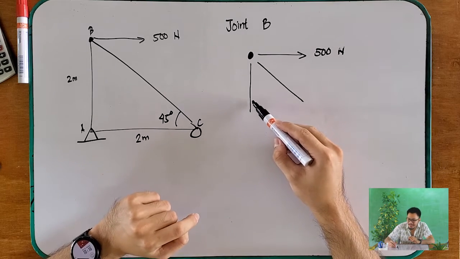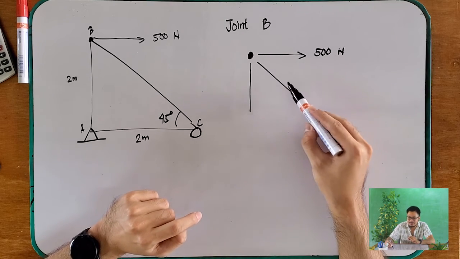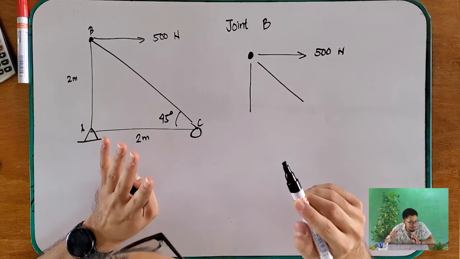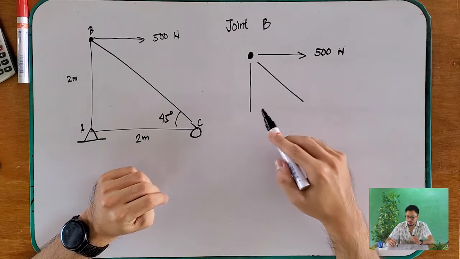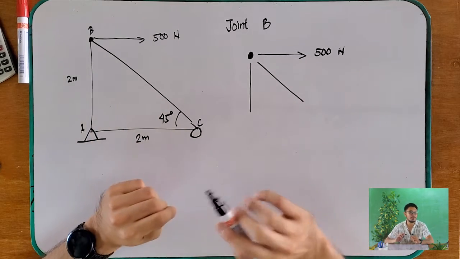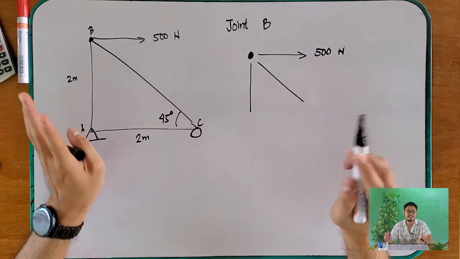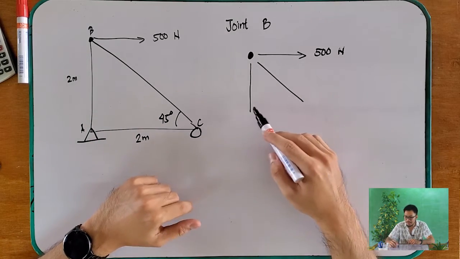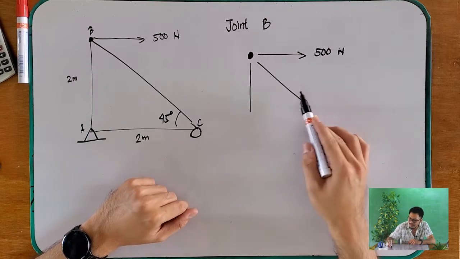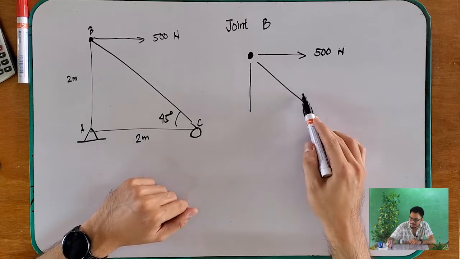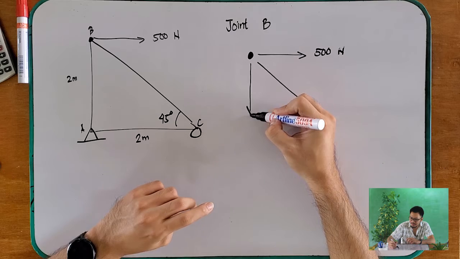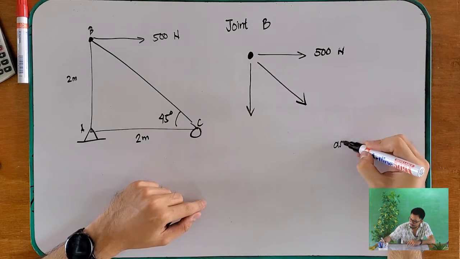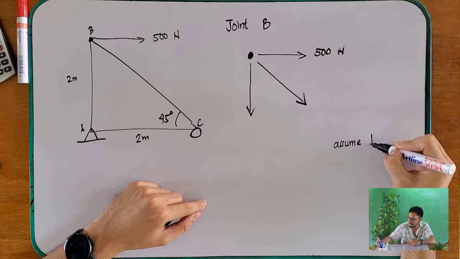Okay? Now, we have to identify the forces in these members. So we should first make an assumption kung unsa ba sila, tension ba sila or compression. And as a standard, we usually assume sa atong mga unknown nga forces, so these are our unknown forces, ang atong AB and atong BC, we assume them to be in tension. Okay? So assume tension always.